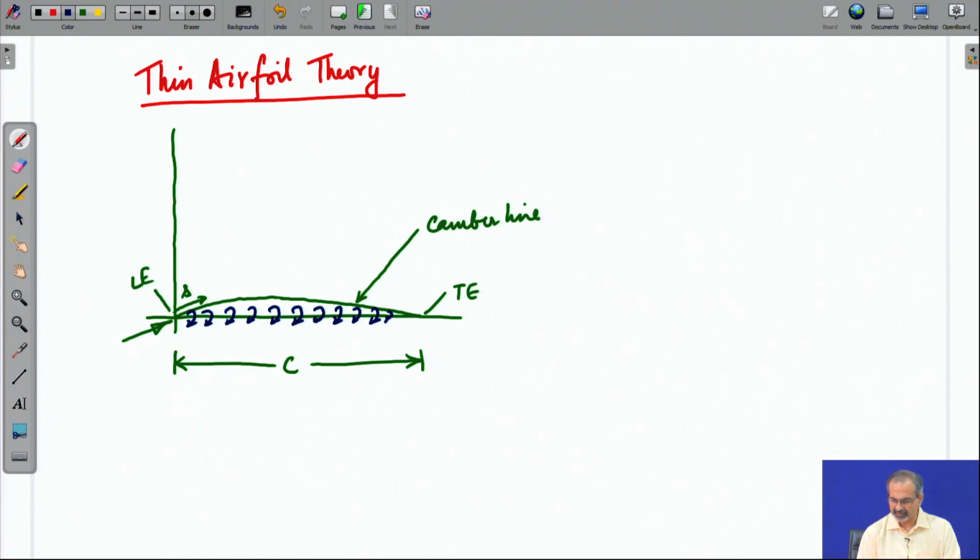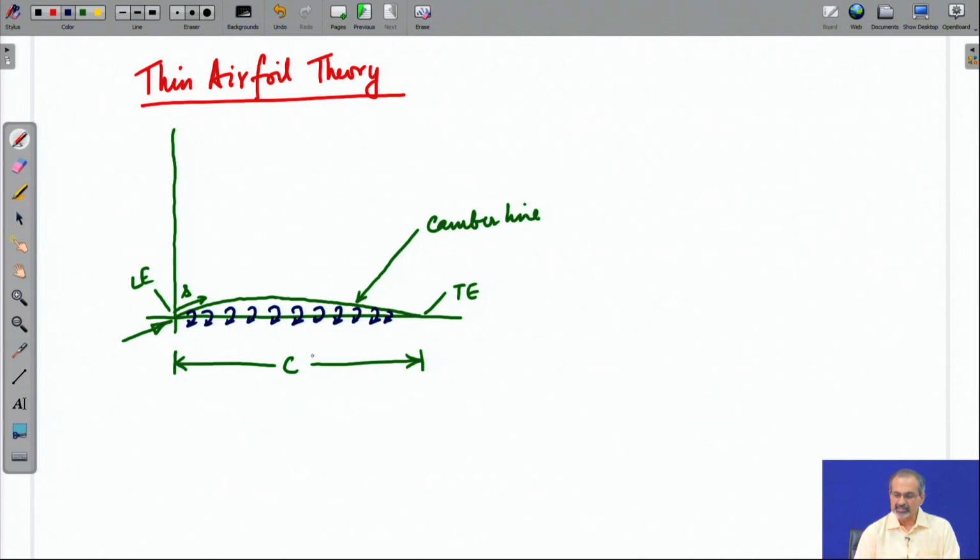There are some advantages associated with this, of course, from a mathematical point of view, but this would not be very erroneous if we have the given circumstances that the camber is small, the airfoil is thin, and we are looking at it from a distance.